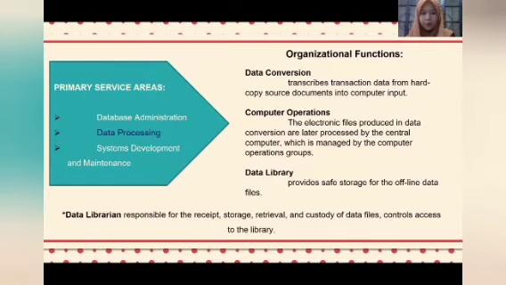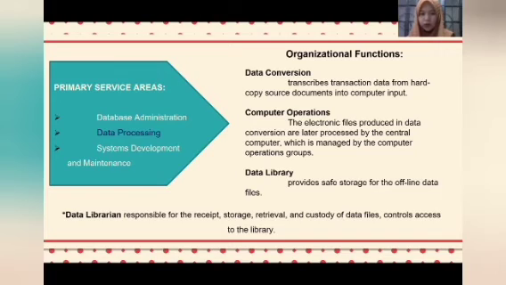The data processing group manages the computer resources used to perform the day-to-day processing of transactions, and it consists of the following organizational functions: the data conversion, computer operations, and the data library. So the data conversion function transcribes transaction data from hard copy source documents into computer input.